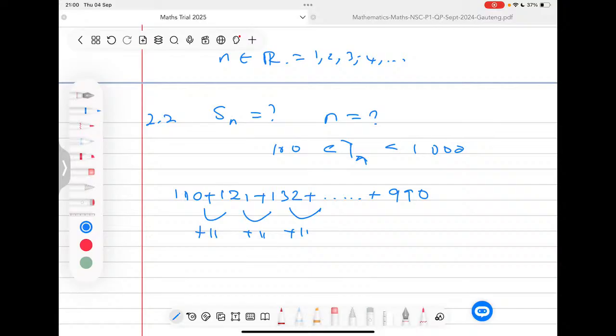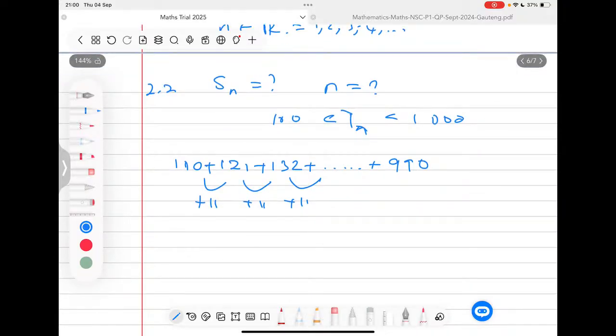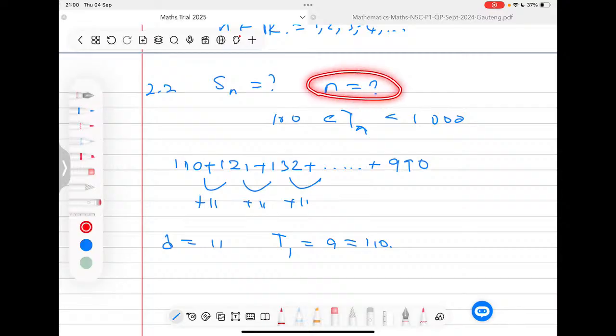Now, if you've been following, you would see that this becomes an arithmetic series, in that it has a constant common difference. In other words, our D here is equal to 11, and our first term A is equal to 110. You should be able to see that. Before we can find the sum, we need to know how many terms are in this sequence, right?